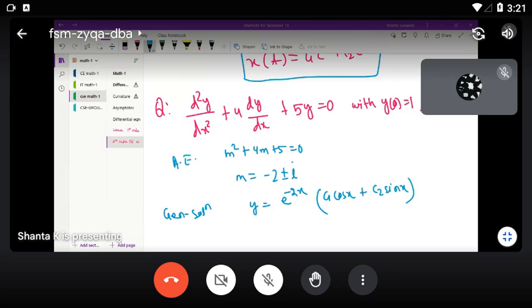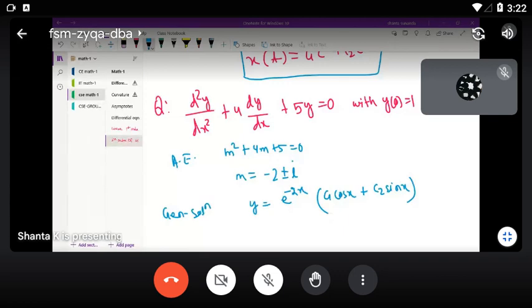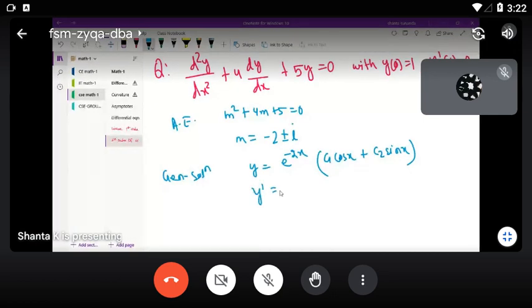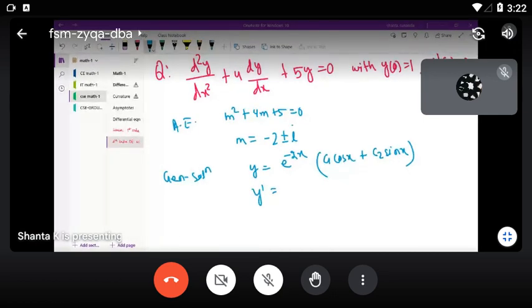And C1 is 1 and C2 is minus 1. So find y dash here. Both the conditions we have to use.